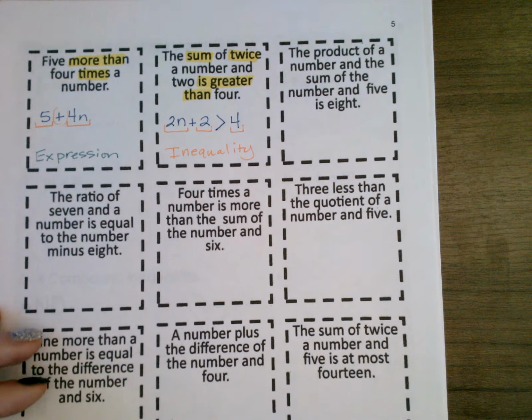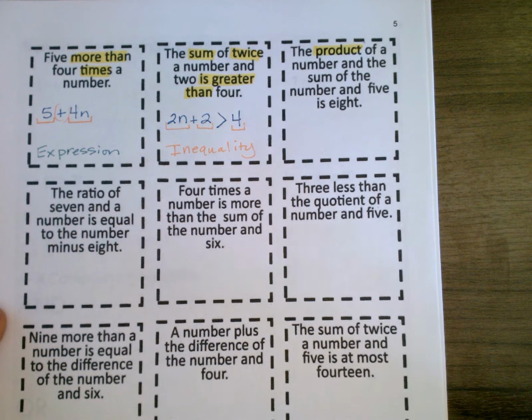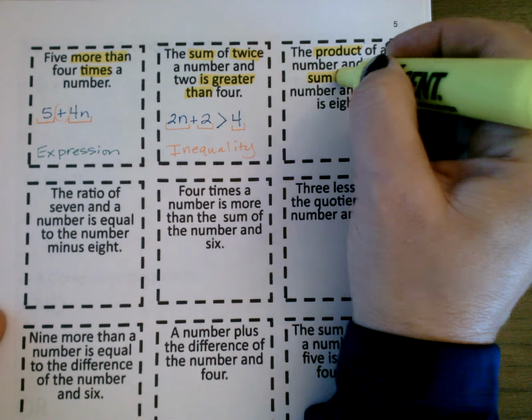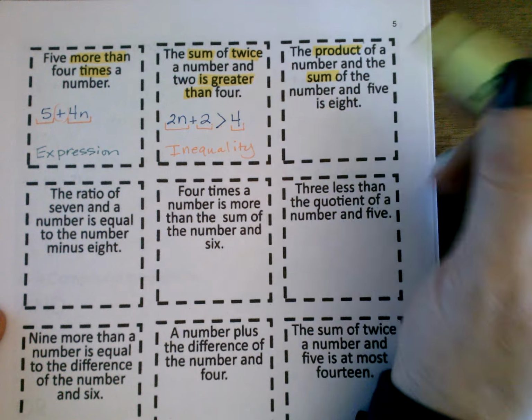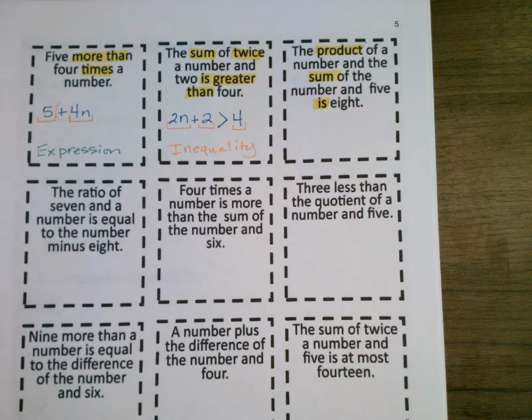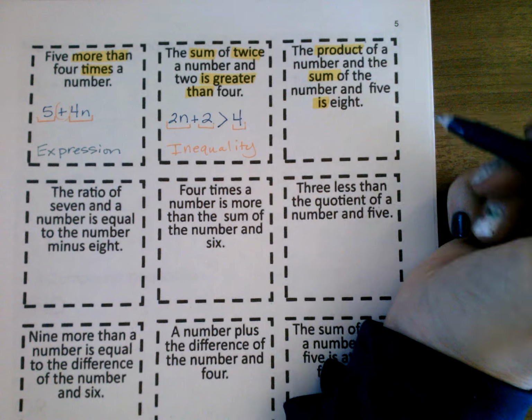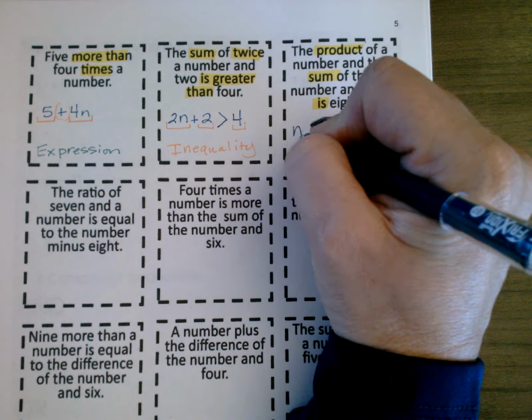Okay, "the product," that's an operation, "of a number and the sum of the number and 5 is 8." They're going to be the same number. What kind of math problem do we write if I have "is 8"? Hopefully you are thinking equation. So we have the product, that means multiplication, of a number and the sum of the number and 5.